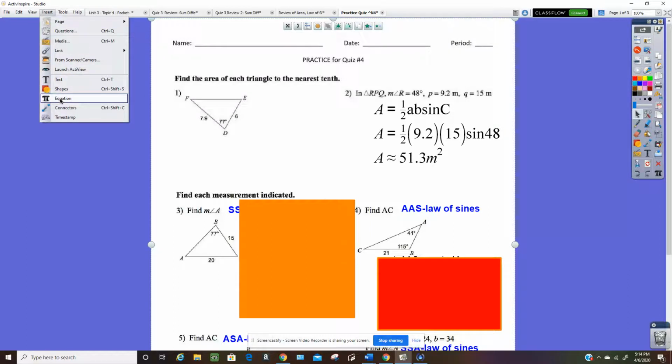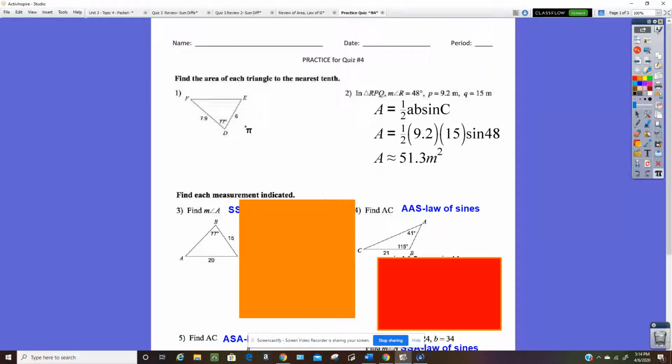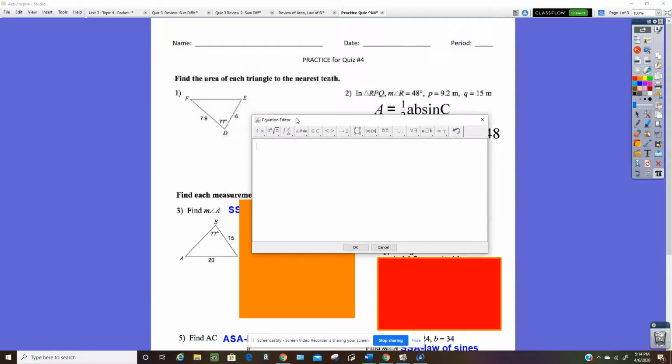So if I insert an equation here, the area is going to be 1/2 times 7.9, either side could be A or B, and then 6, and then sine of the included angle, which is 77.